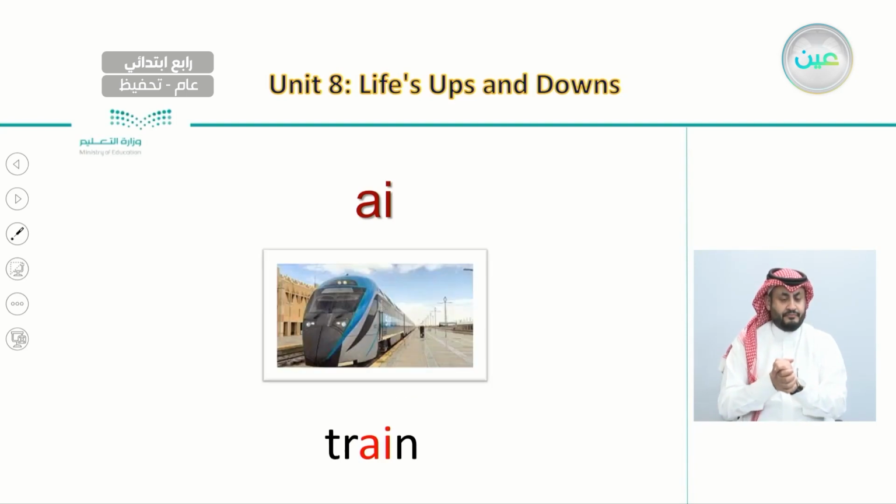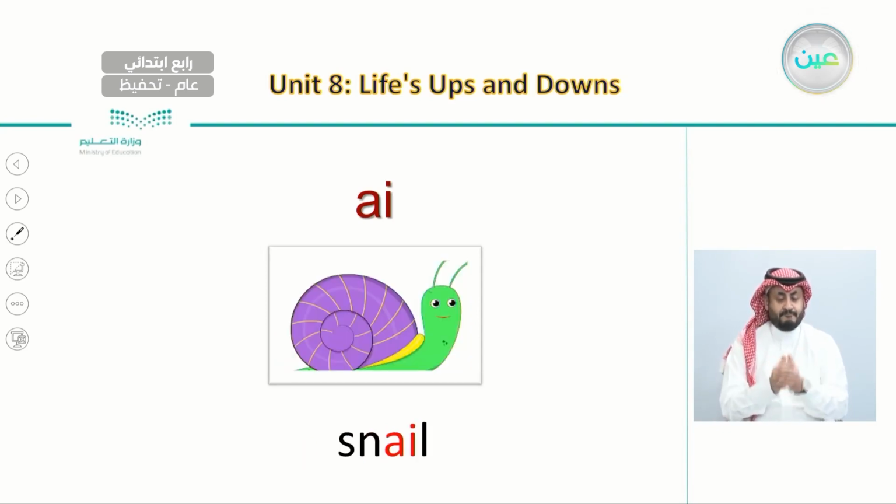Very good. And the third word is a train. Say with me, a train. And the fourth and last from the AI words is a snail. Say with me, a snail. Very well. So this is about the words that have the AI sound.